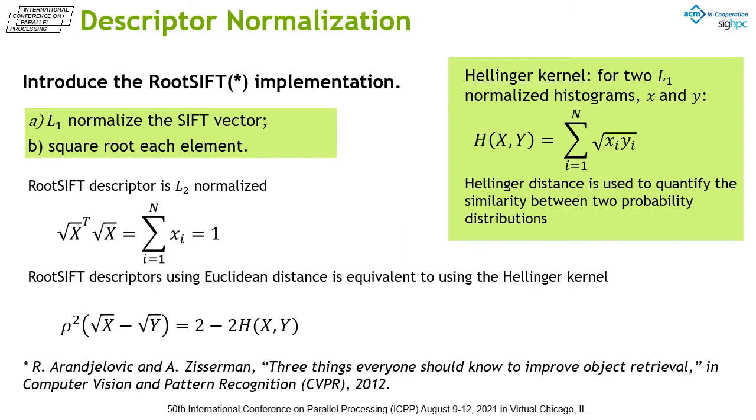Using Euclidean distance on the RootSIFT descriptors equals using the Hellinger kernel, which is good at quantifying the similarity between two probability distributions. Actually, the SIFT descriptor is a histogram and is naturally a probability distribution. With these approaches, we normalize the SIFT vectors, but the accuracy is still almost kept.